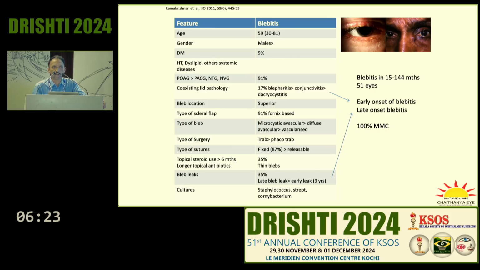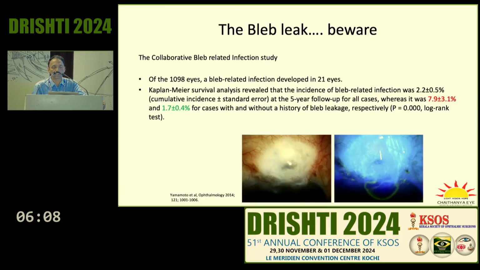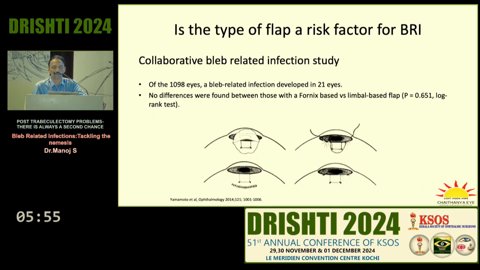In this analysis from the glaucoma clinic at Aravind, Tirunelveli, they found that early blebitis was commonly associated with coexistent lid pathologies, and late onset blebitis is mostly related to bleb leaks. The collaborative bleb-related infection study also reported that the incidence of bleb-related infection was more when there are bleb leaks as compared to those eyes where bleb leaks were not documented.